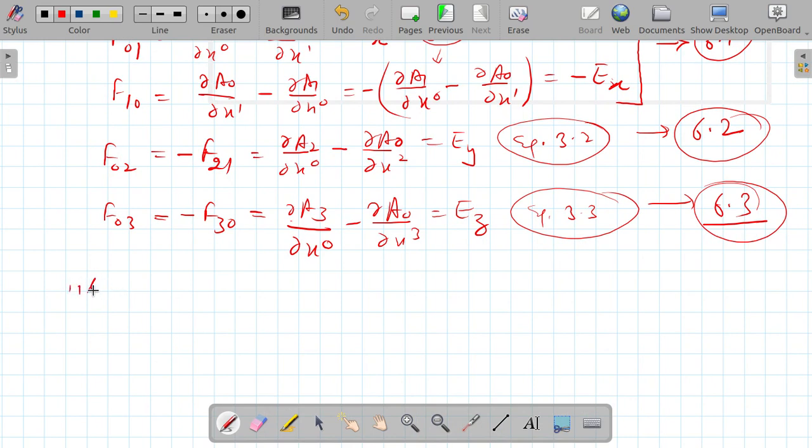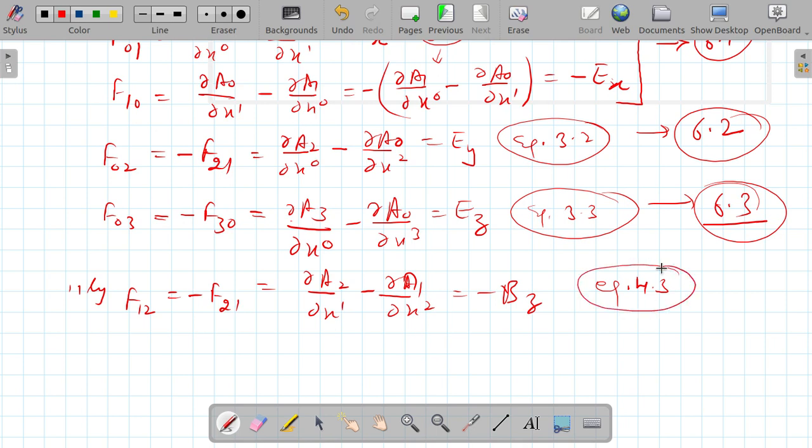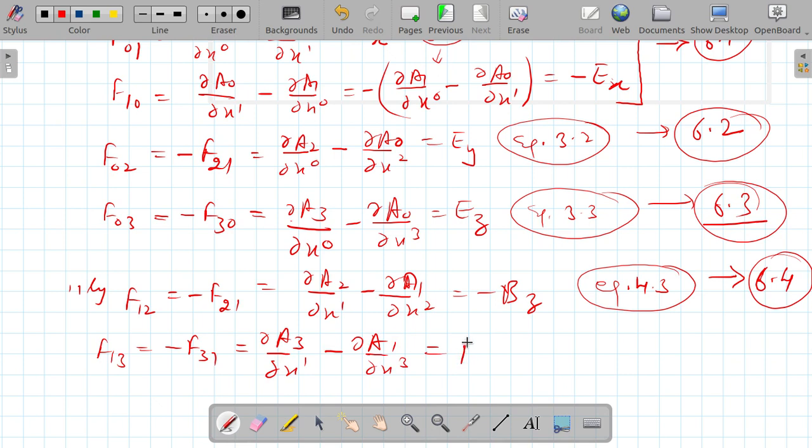And similarly, we can calculate F12, and it comes out to be minus F21, and curly A2 over curly x1 minus curly A1 over curly x2. It is minus Bz. Here I have used equation 4.3, and let me call it equation number 6.4. And F13 is equal to minus F31 and is equal to curly A3 over curly x1 minus curly A1 over curly x3, and it is By.